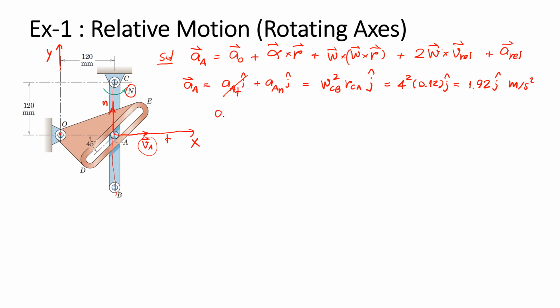Acceleration of point O. Point O is fixed, so the acceleration is 0. What is alpha cross r?